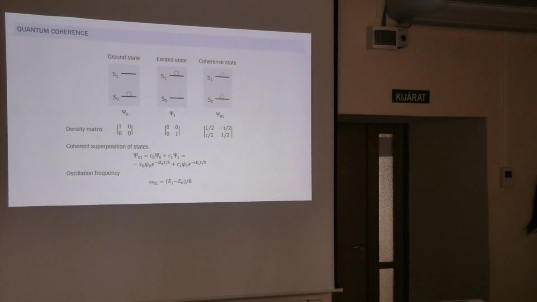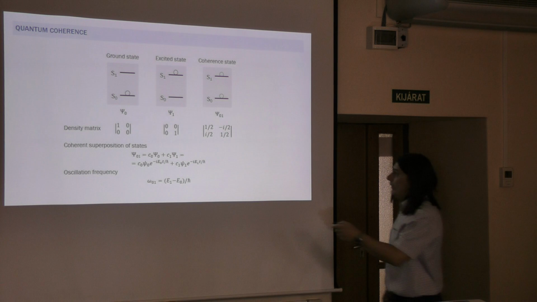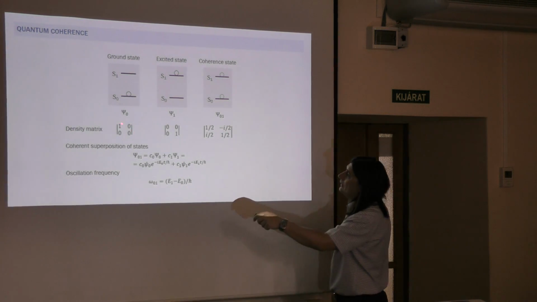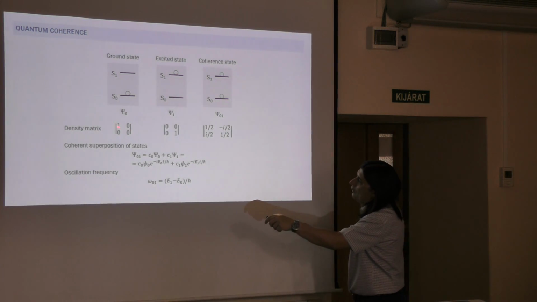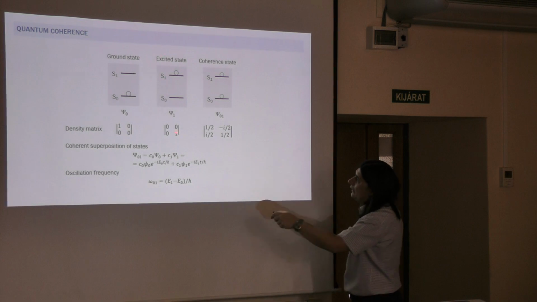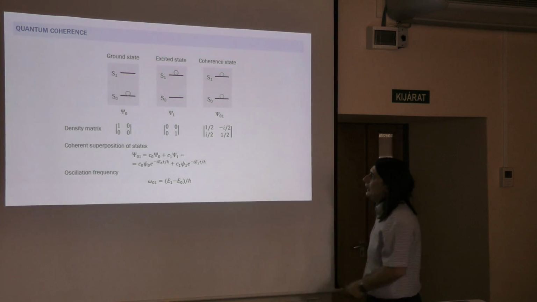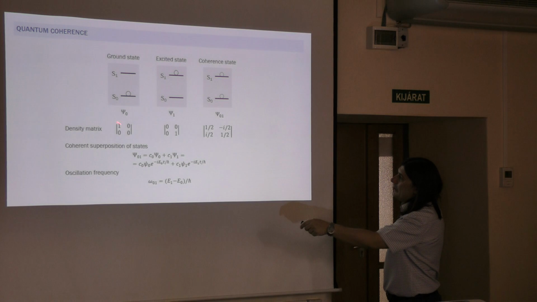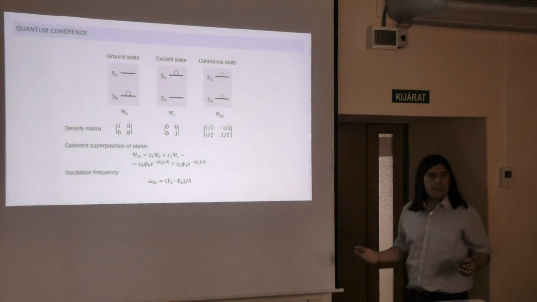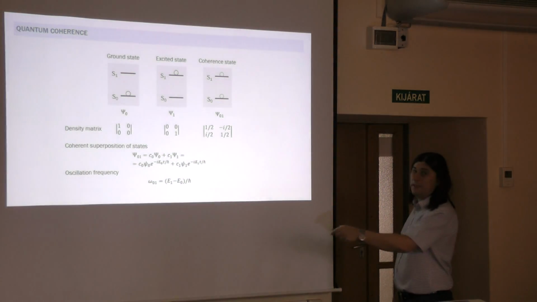All right. Now, the density matrix in the ground state looks like this. This is, let's say, our first state. And in the excited state it looks like that. This is our second state. The diagonals basically give us the probability that the system is in this or that state.